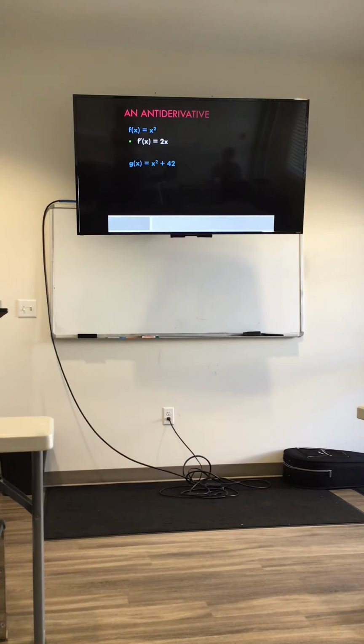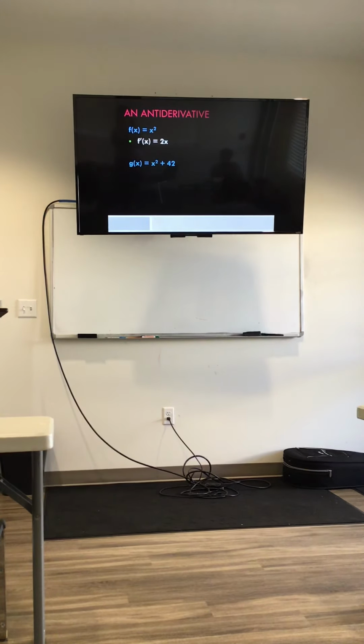What is my function? So I'm calling it a different function, so g of x is x squared plus 42. What's the derivative of x squared plus 42? It's 2x. I got the exact same derivative, even though I had a different function.